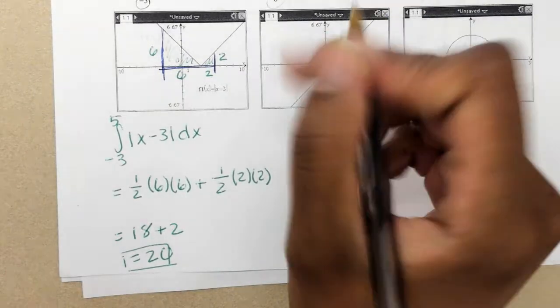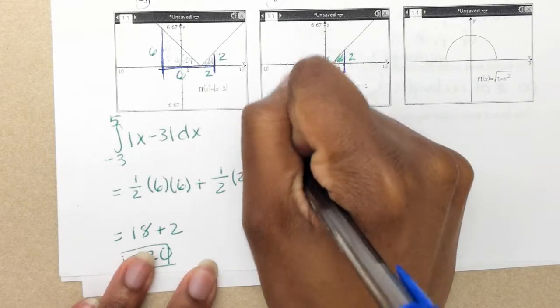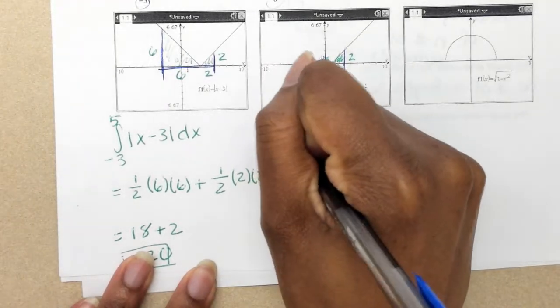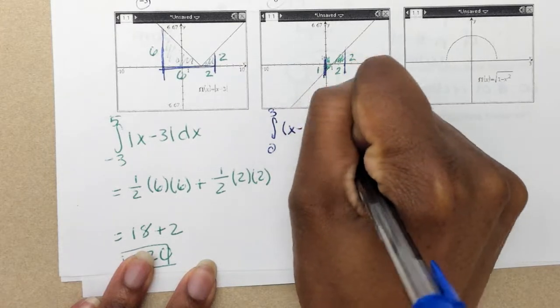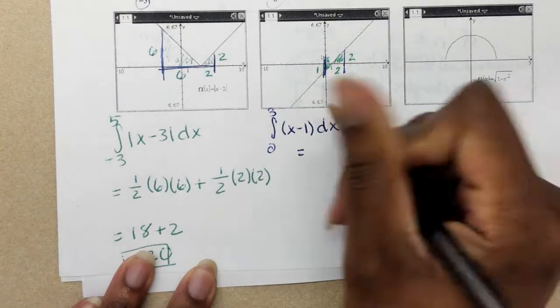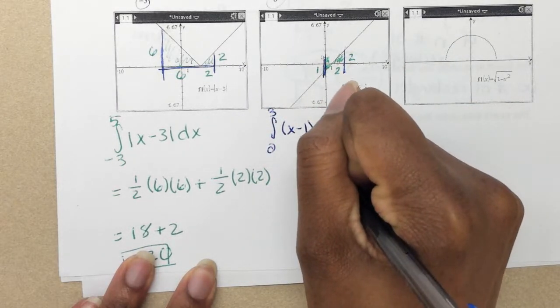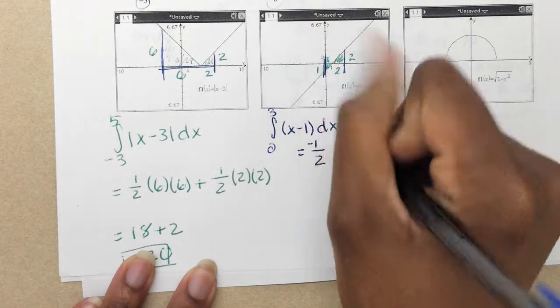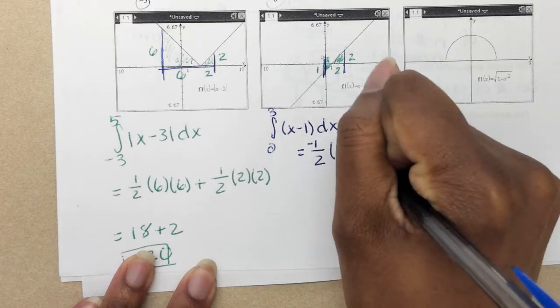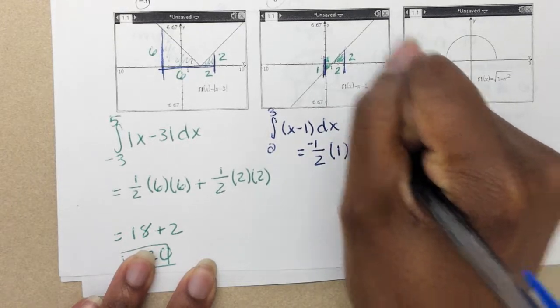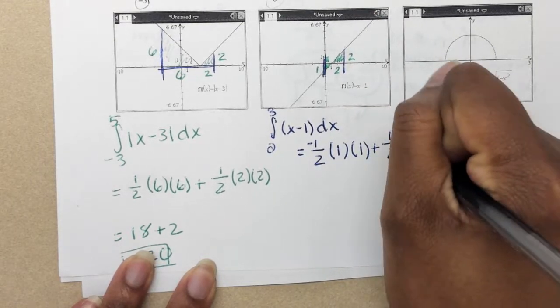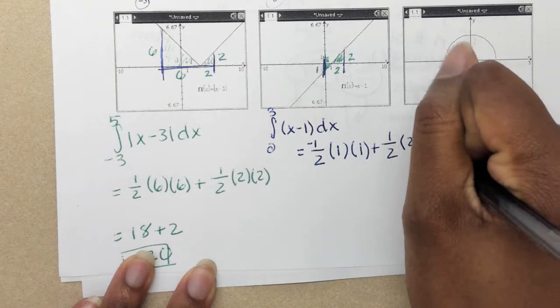So the integral from 0 to 3 of x minus 1 dx is equal to -1/2 base times height, 1 times 1, plus 1/2 base times height, which is 2 times 2.